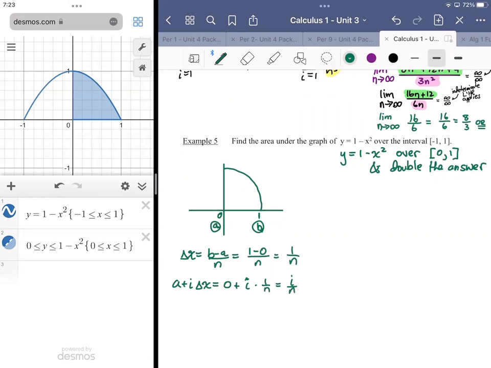Now my function f of x is equal to 1 minus x squared.